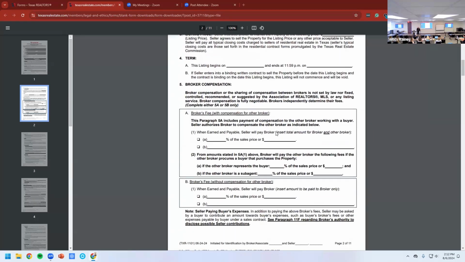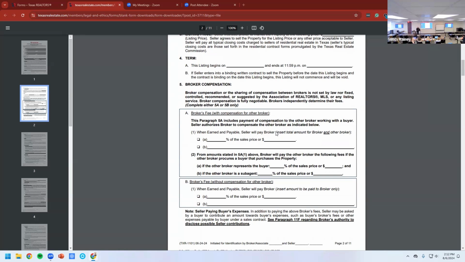All right, now the changes. Paragraph 5. Most of what you're going to see in paragraph 5 is what we saw on the other listing agreement, except it was split between 2 paragraphs, 5 and 8. And you have it in bold. And this is something that the settlement said we had to do.